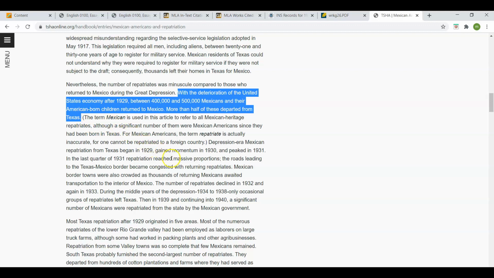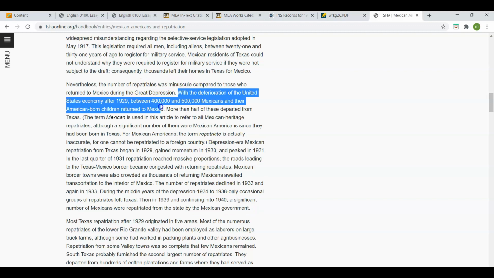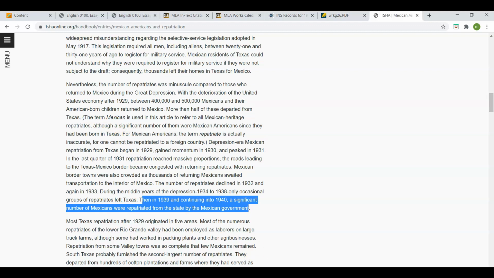Remember, the quote can't be too long. Right here. Then in 1939, a significant number of Mexicans were repatriated from the state by the Mexican government. So I quoted from here to here, skipped a bunch of stuff, and then quoted this part.